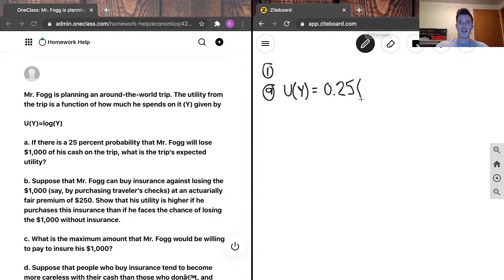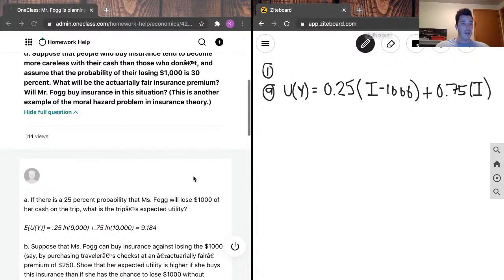There's a 25% chance that you'll have to do the trip with income minus 1,000 and a 75% chance that he won't lose any money and will just be able to do the trip as he normally would.